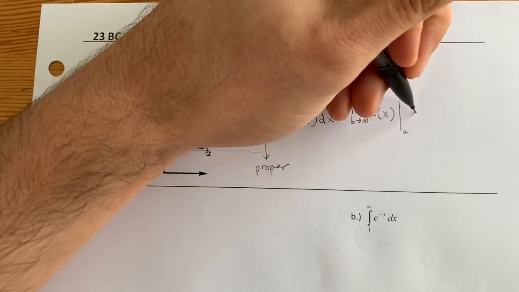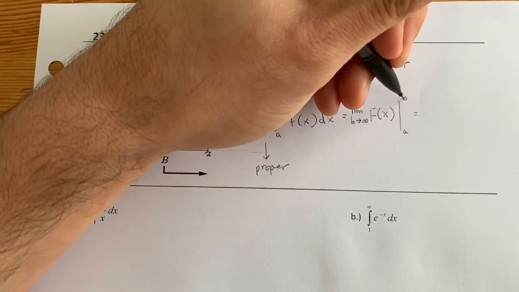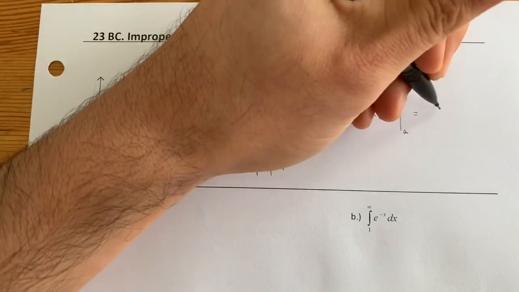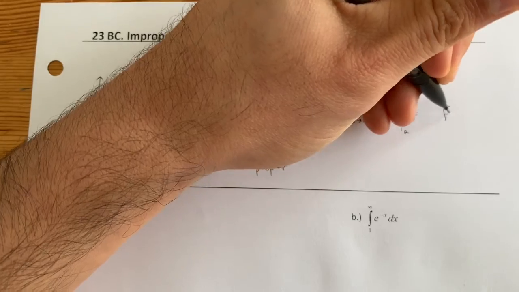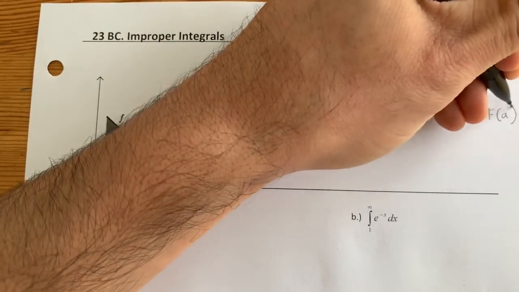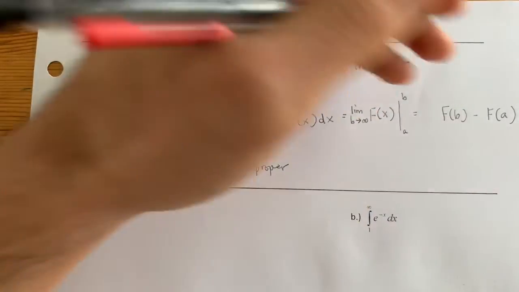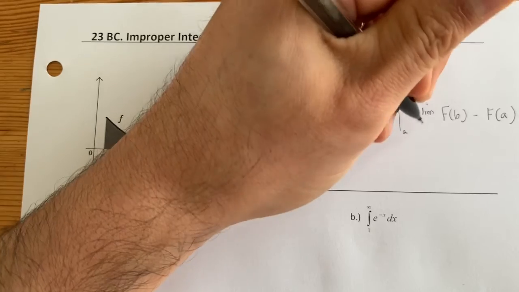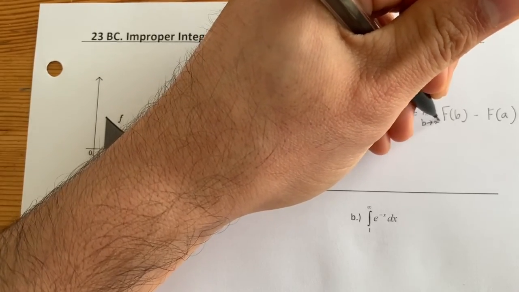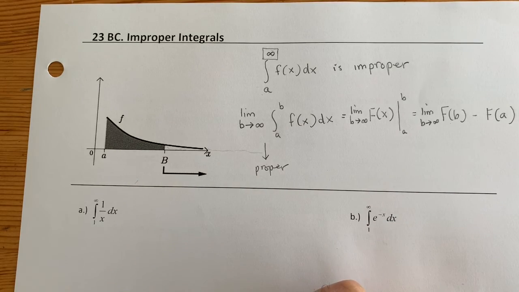The next step would be to plug in the top minus the bottom, but you have to write B in there. So it would be F of B minus F of A. But you can't just put infinity in, it wouldn't be proper. You have to keep writing that limit. So this technically makes mathematical sense to say as B goes to infinity.